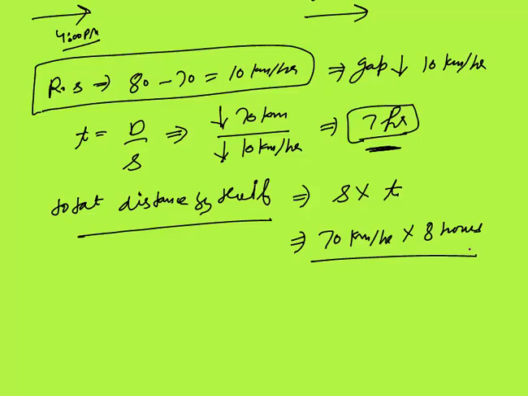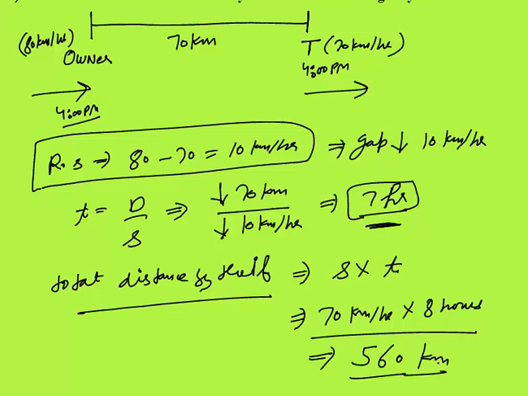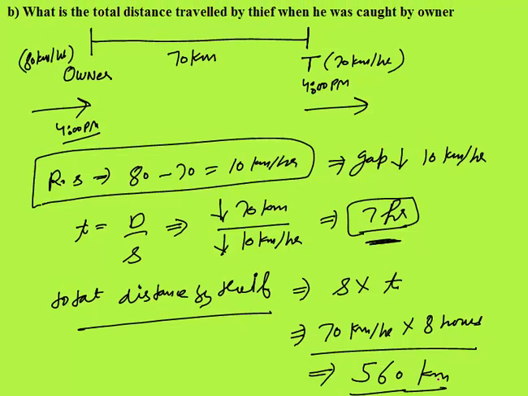Because 7 hours is the time taken by the owner to catch the thief, and the thief was already traveling for 1 hour, 3 to 4 p.m. So the distance would be 70 into 8, 560 km the thief traveled, and after 560 km the owner caught the thief.